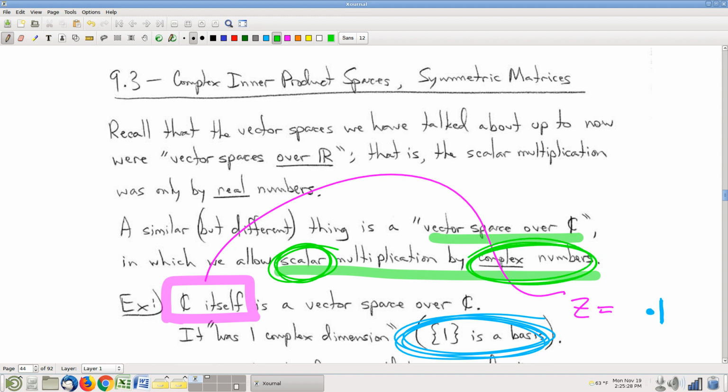So what complex scalar do I multiply by 1 to get z? How about z? Right? So every vector in this vector space is a scalar multiple, keep in mind, we're allowed to have complex scalars, a scalar multiple of this single basis vector 1. How many elements are there in this basis? Well, there's only one vector in this basis, and so the complex plane is one-dimensional.